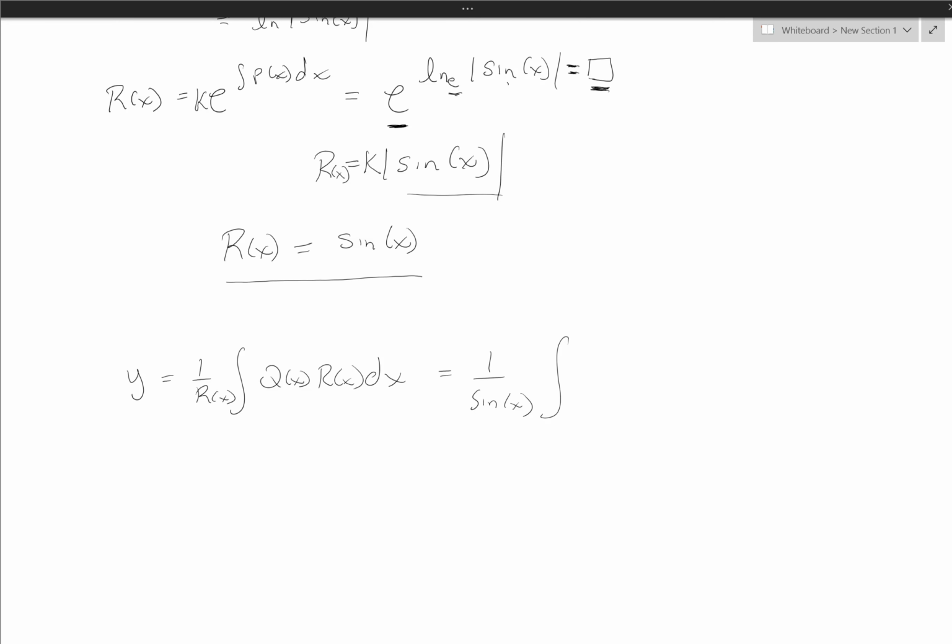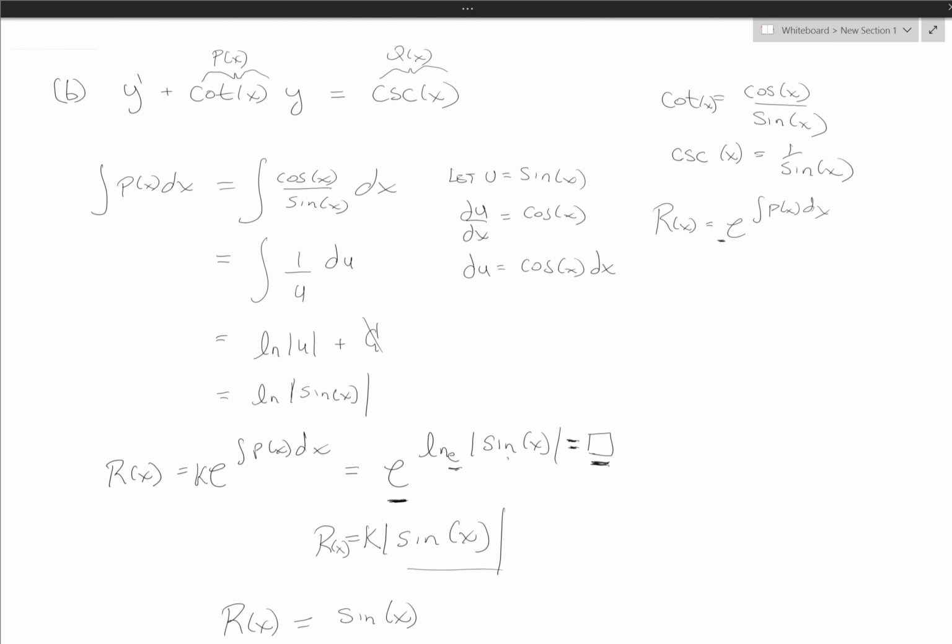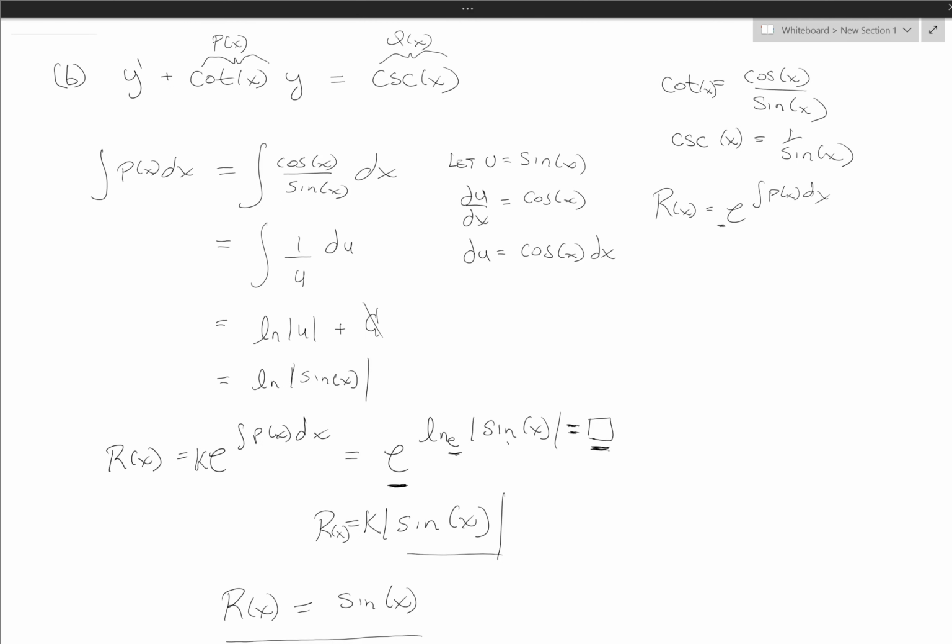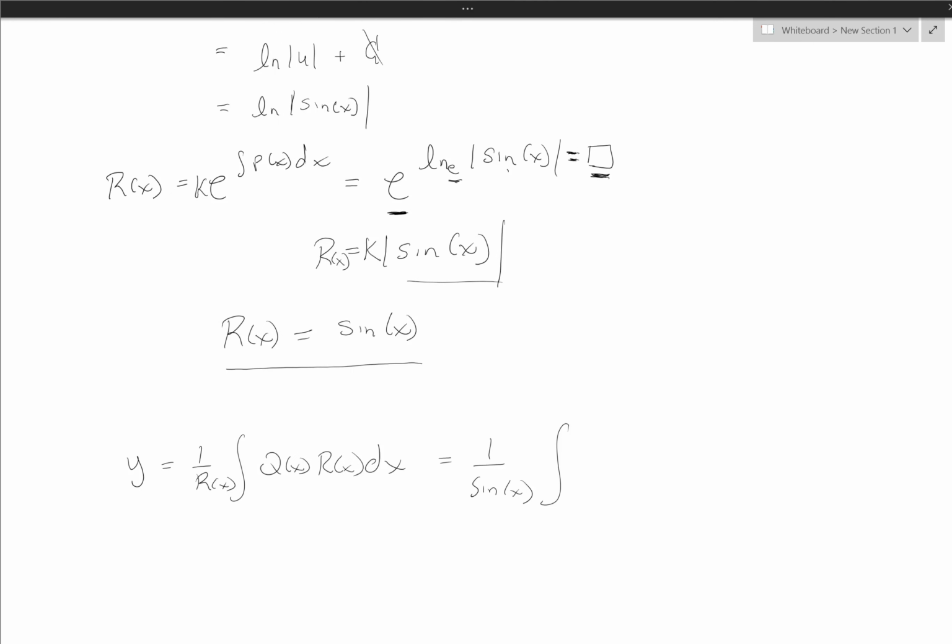Now Qx is cosecant x, which is 1 over sine x. Rx is sine x. So we have sine x times 1 over sine x dx. So this cancels. So it's just the integral of dx. Well, what's that?